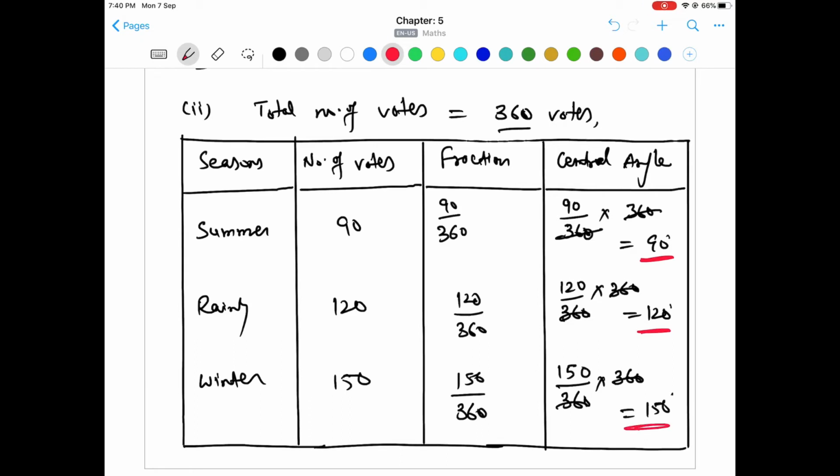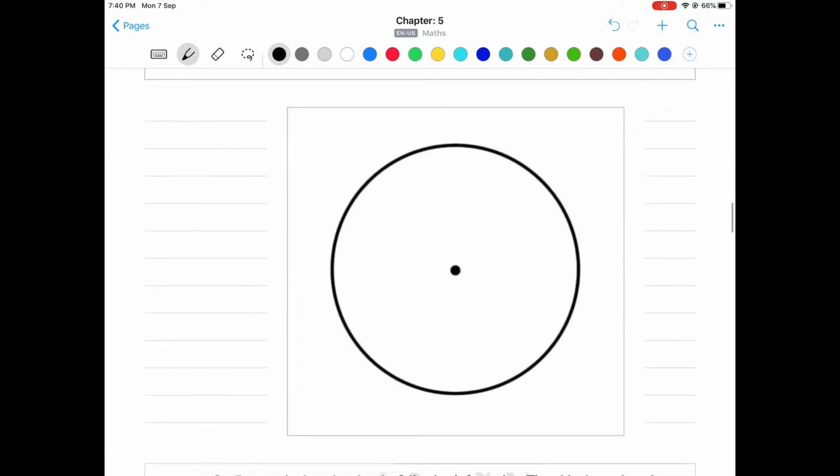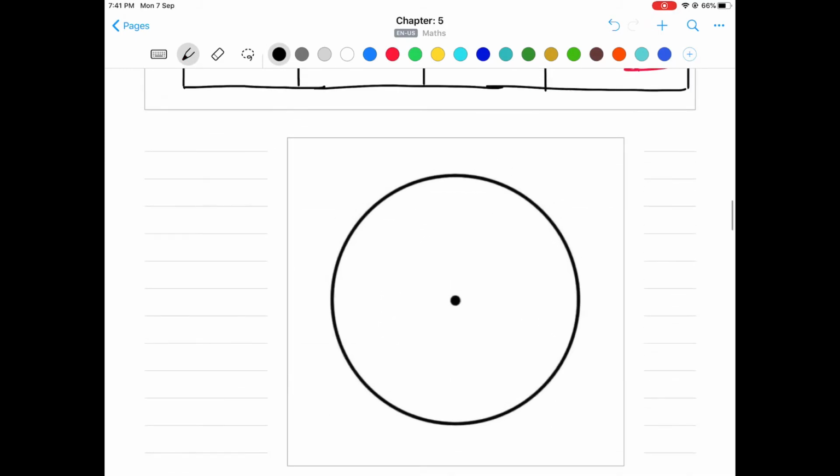Now out of this, we'll draw the pie chart of this one. Again, first we have to draw a circle, marking a center in the middle. So what we're going to do is, we'll start from here.